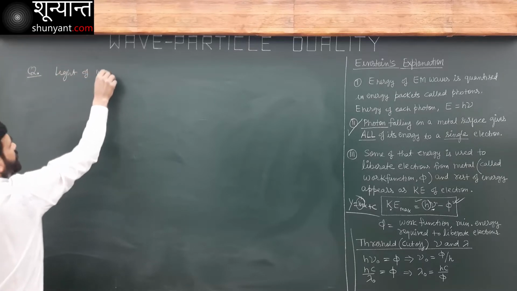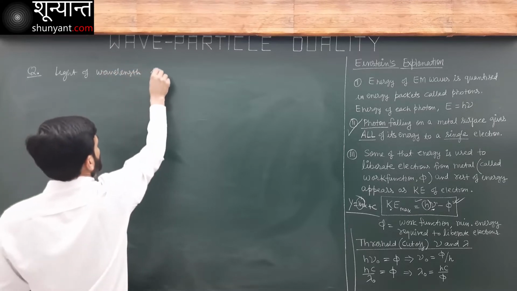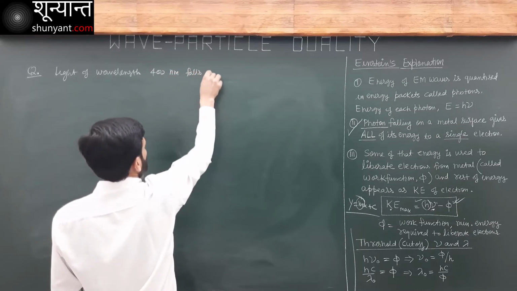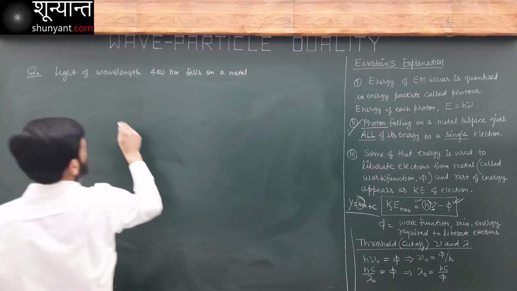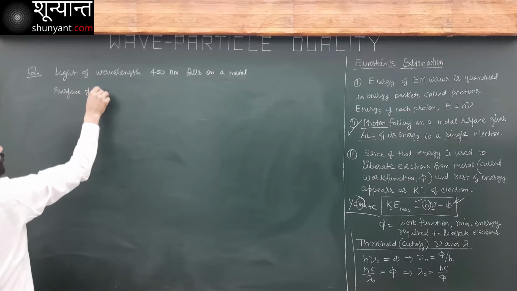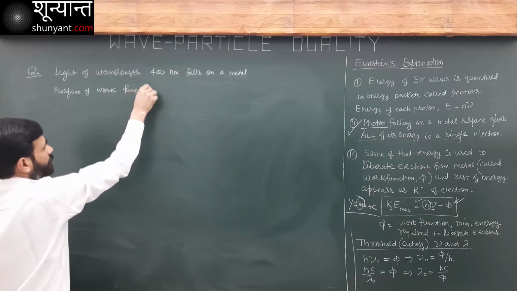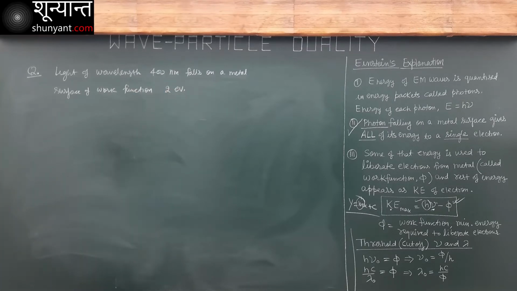Light of wavelength 400 nanometer falls on a metal surface of work function, let's say, 2 electron volt. 2 electron volt, okay?